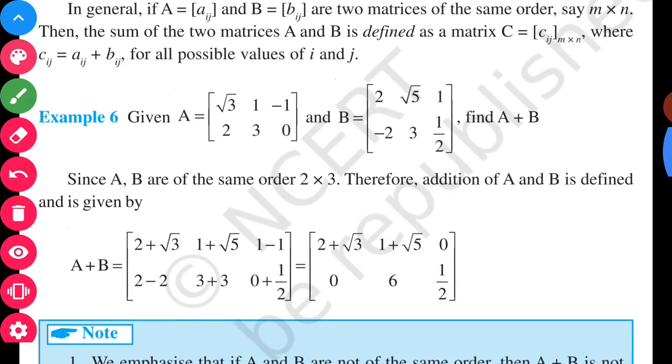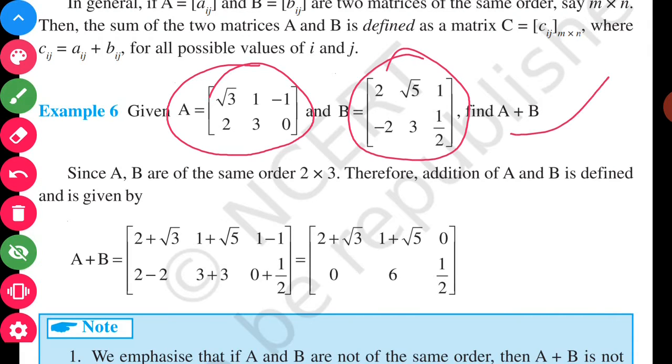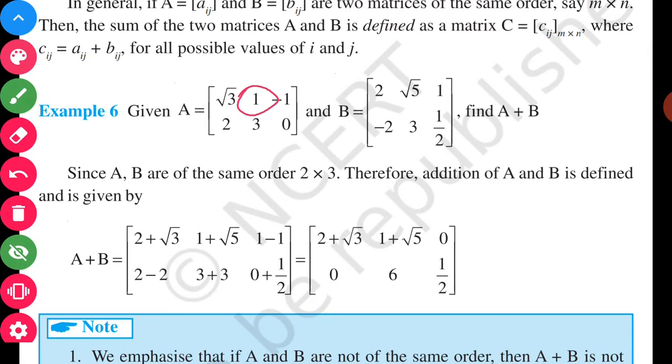Now see example number 6. Here matrix A is given and matrix B is given, and we have to find the value of A plus B. The first element is root 3 in matrix A, and in B it is 2, so it is 2 plus root 3. The second one is 1, and here the second one is root 5, so it is 1 plus root 5.